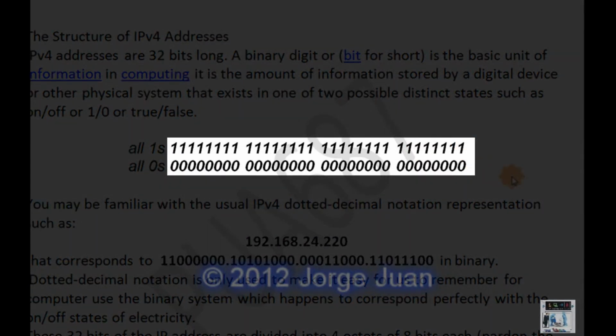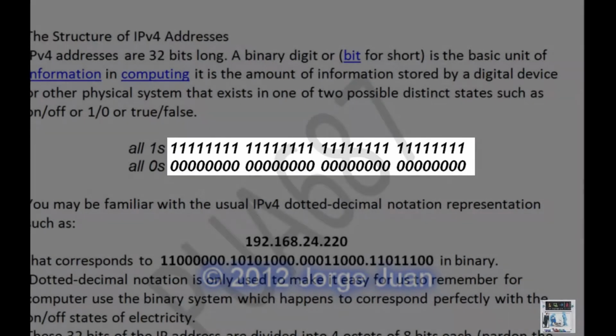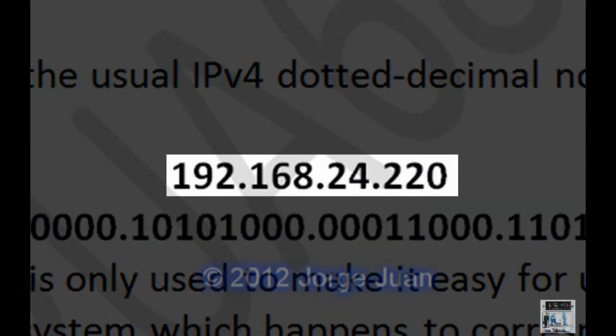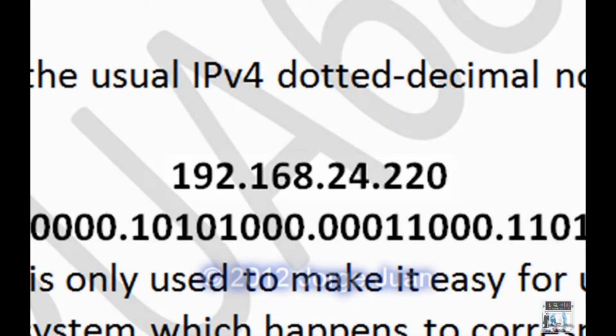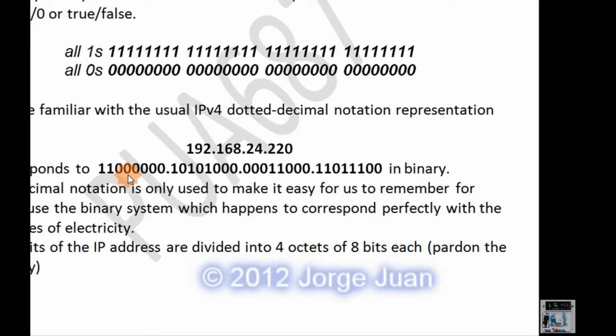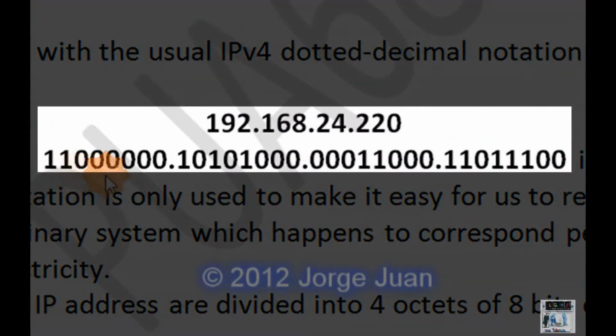You may be familiar with the usual IP dotted decimal notation representation, such as 192.168.24.220, that corresponds to the binary numbers below, the four octets.